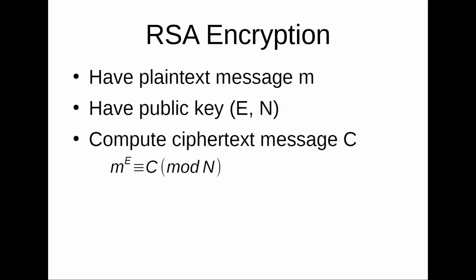To encrypt with RSA, you have a plaintext message M, and you have the public key E and the modulus N, you can compute the ciphertext pretty easily. Just take the message M and raise it to the power of E mod the modulus N, and that's your ciphertext.